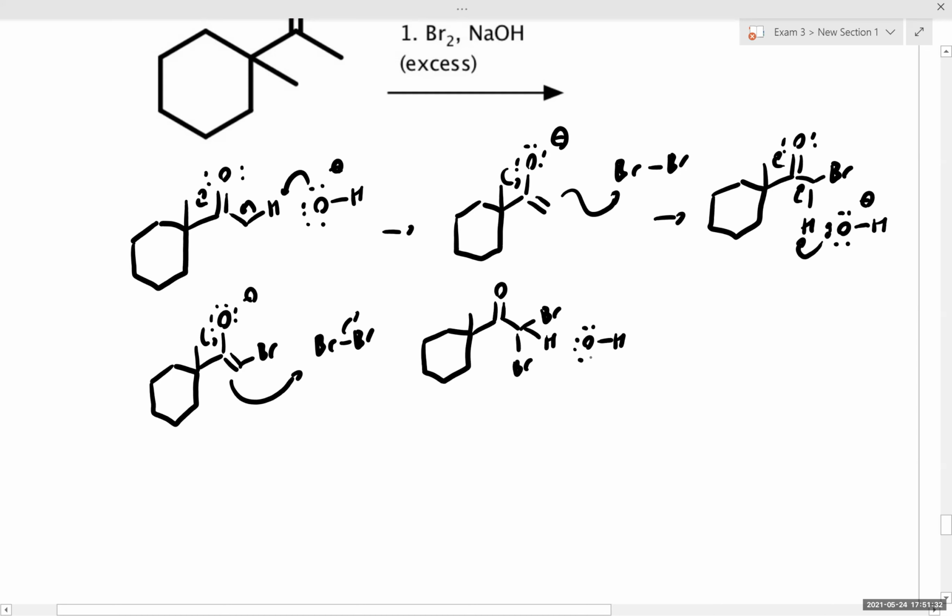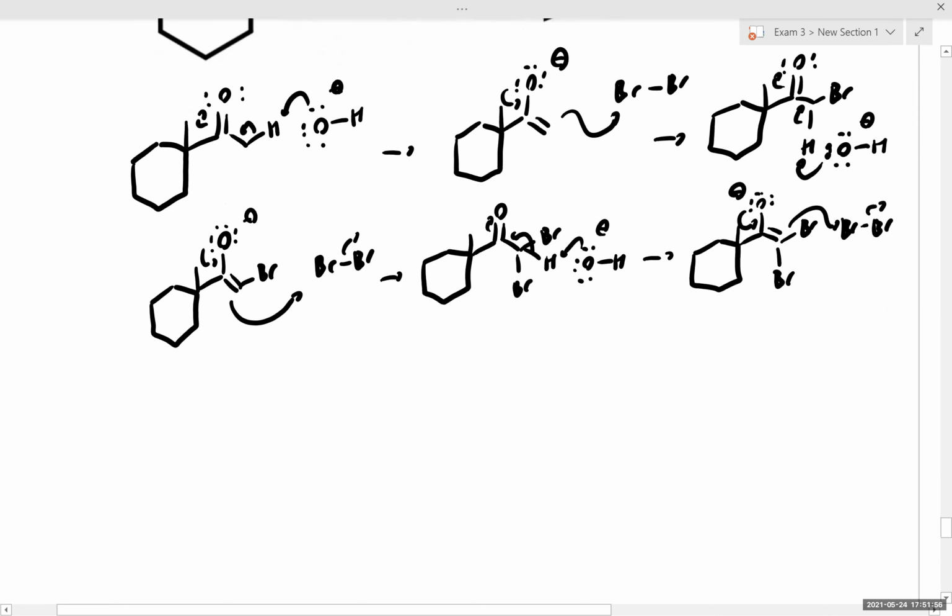We'll see yet another deprotonation step to make another enolate. And we'll brominate that enolate. And now we have the key step for the haloform reaction. We now have this reasonable leaving group in the form of the haloform anion. So our nucleophile can attack.